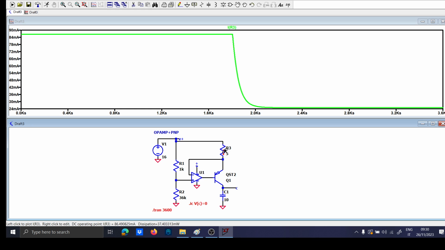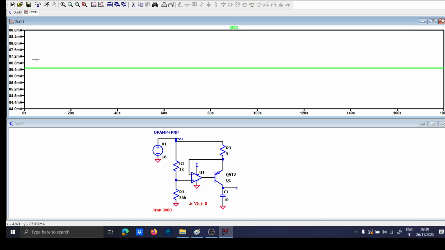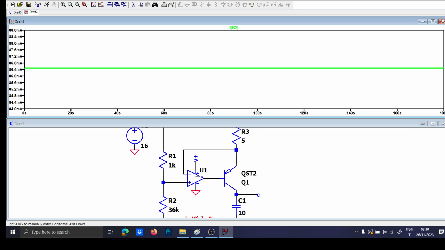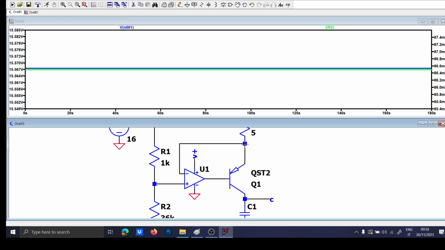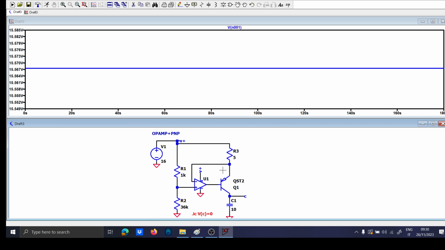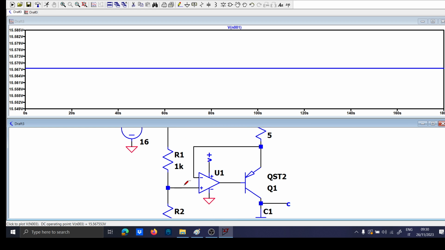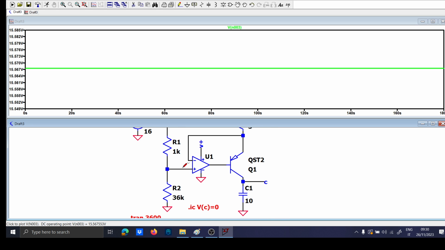You see that this resistor here is clamping the current to 100 milliamps. And I have 50.56 volts, which is the same as this.